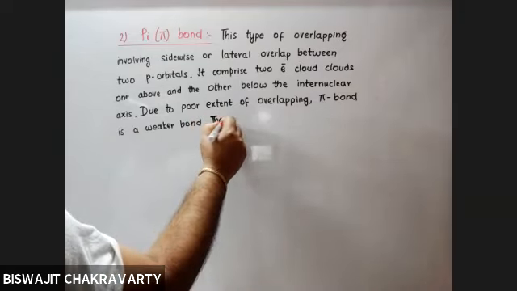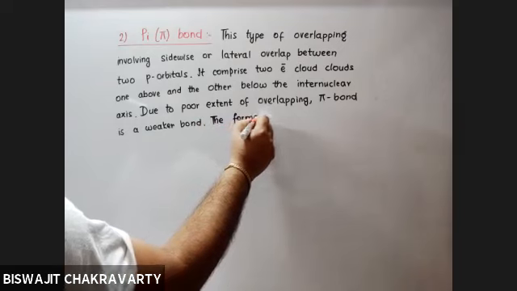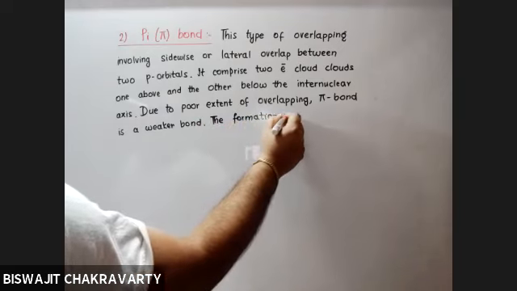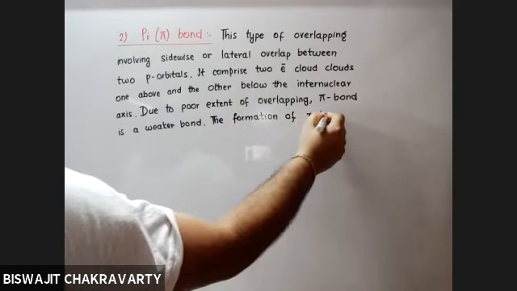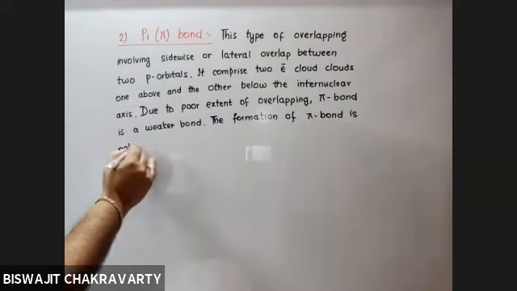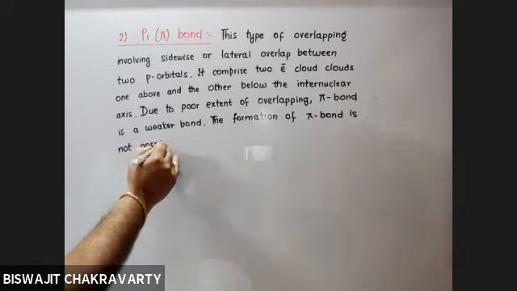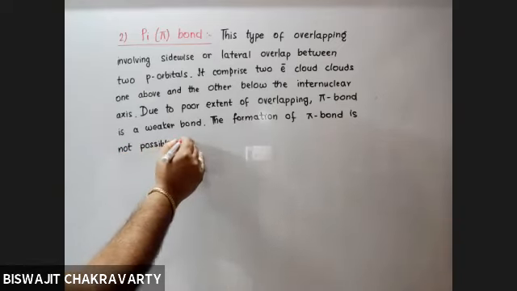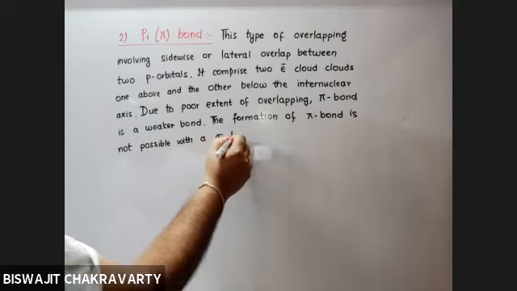The formation of pi bond is not possible without a sigma bond.